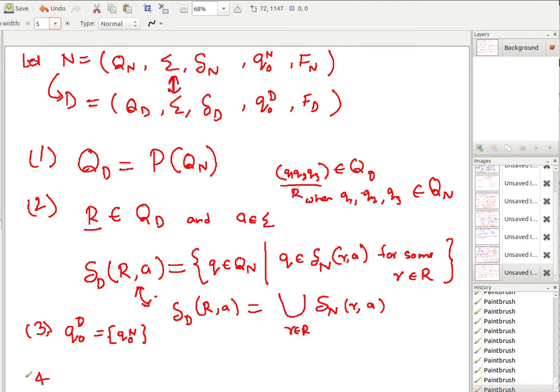Now coming back to the final state, if I have to define FD, so FD is all those R belonging to QD such that R intersection Fn is not phi. Very simple. What I am trying to say is that at least one of the states in R should be one of the final states of the NFA.